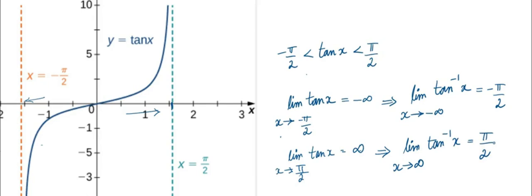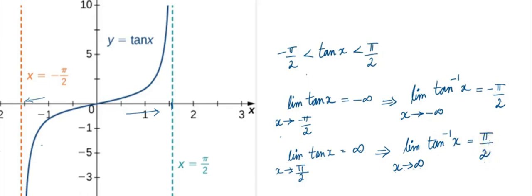Now notice how the limit actually approaches a finite number up here and a finite number here. In this particular case, they do not approach the same value. For the negative infinity piece, the horizontal asymptote is going to pass through negative pi over 2. And for x approaching positive infinity, for the tan inverse function, the horizontal asymptote will be pi over 2.